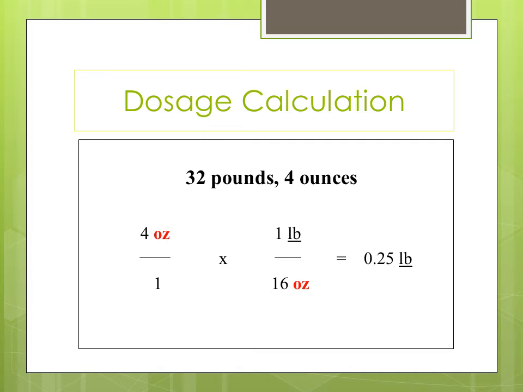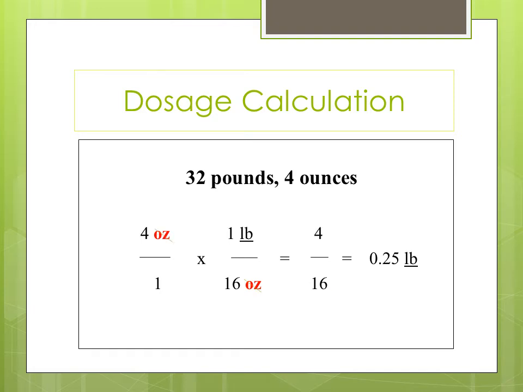The ounce value needs to be on the bottom, the denominator, in order to cross out the ounces and be left with pounds. Therefore, we will write the fraction as 1 pound over 16 ounces and not 16 ounces over 1 pound. Both ways equal 1, but only the first way will help us solve the problem.